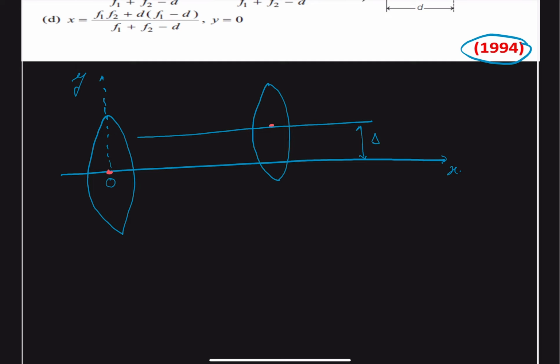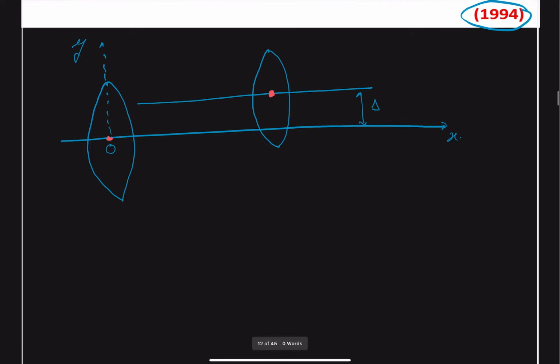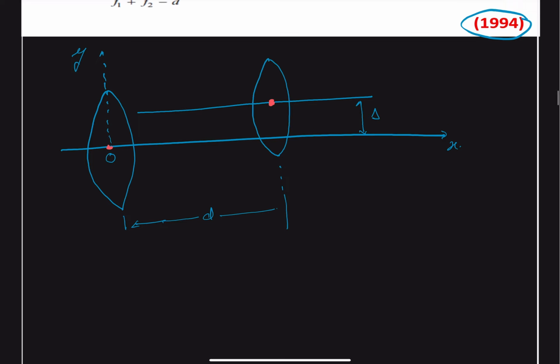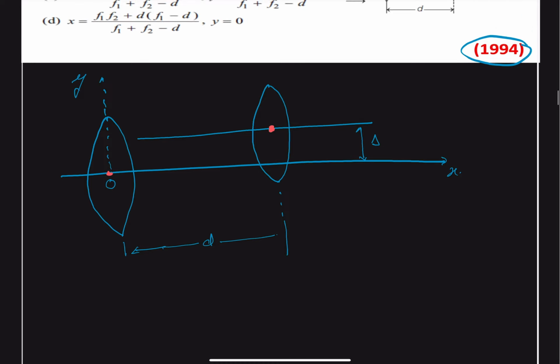And we have to find out with respect to the focus of the first lens. So d is the distance between the two lenses, so this is our d, and if f1 is the focal length of the first lens, the image that will be formed by lens L1 will be at the focus.